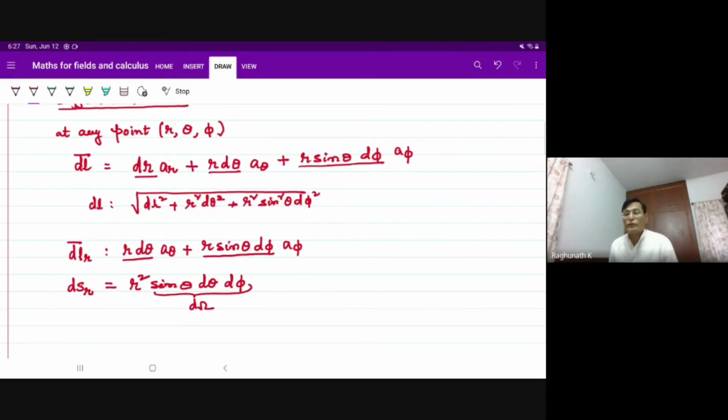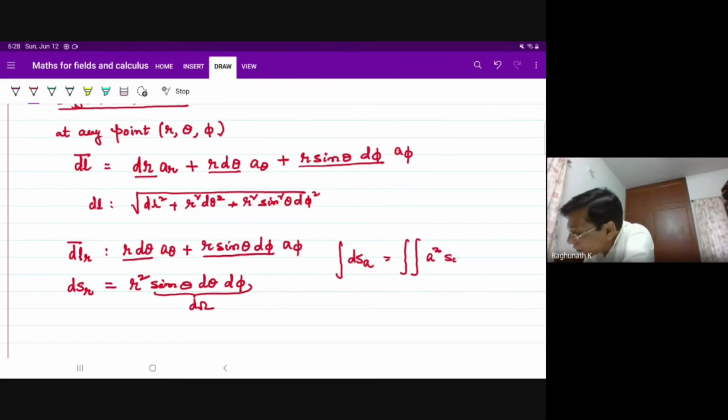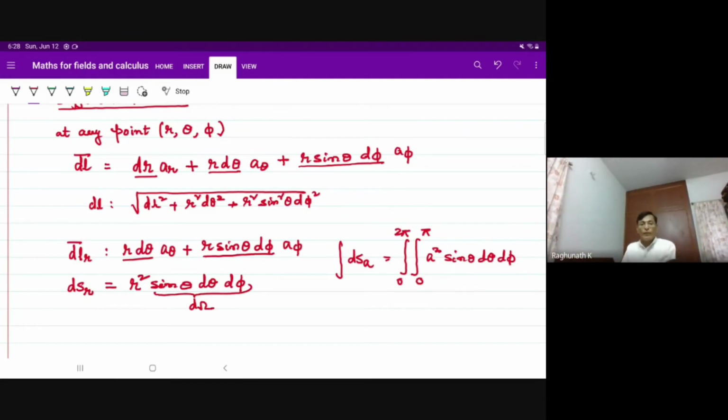If I want to determine the area of a sphere of radius a, it is the integral of ds, which is equal to what? Double integral of a squared sin theta d theta d phi, for the sphere theta is equal to 0 to pi, phi is equal to 0 to 2 pi, total sphere. A squared comes out.